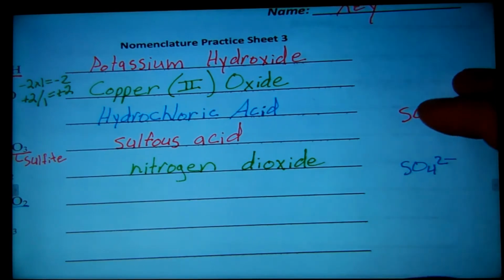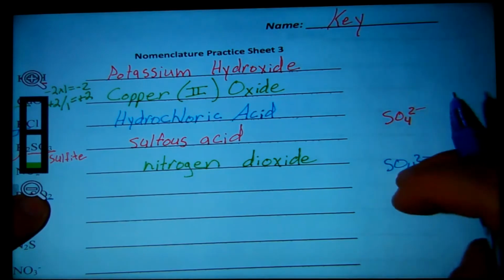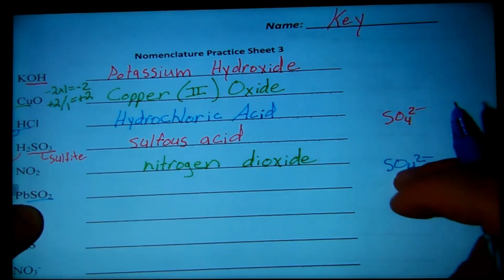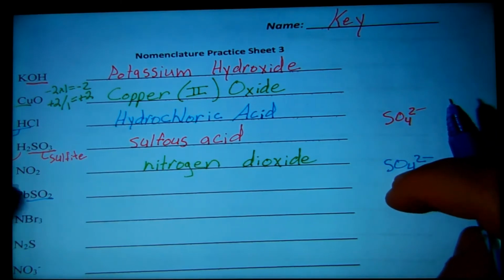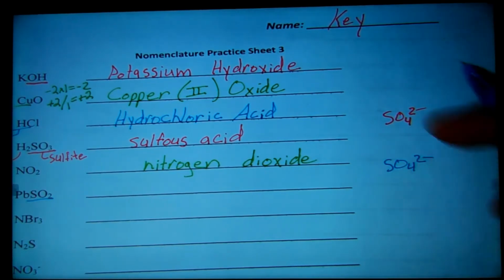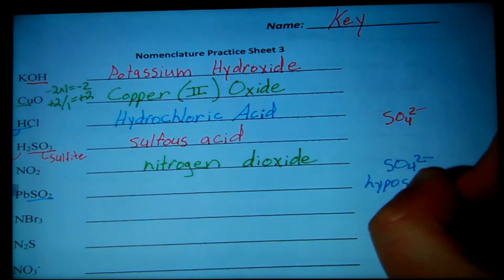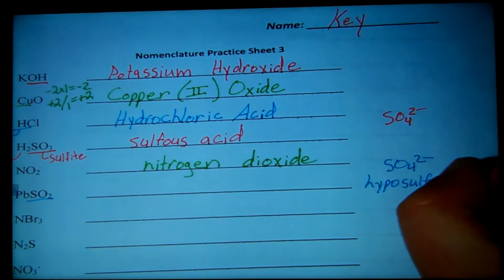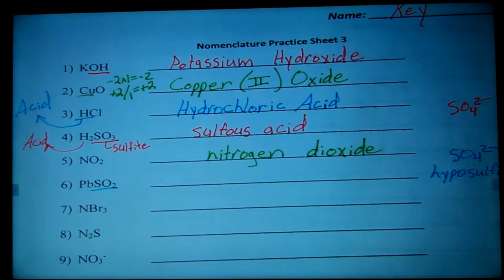We have O2. That's 2 fewer oxygens than the root, which means hypo. So we're dealing with hyposulfite. So this polyatomic is hyposulfite. That helps out a whole lot.